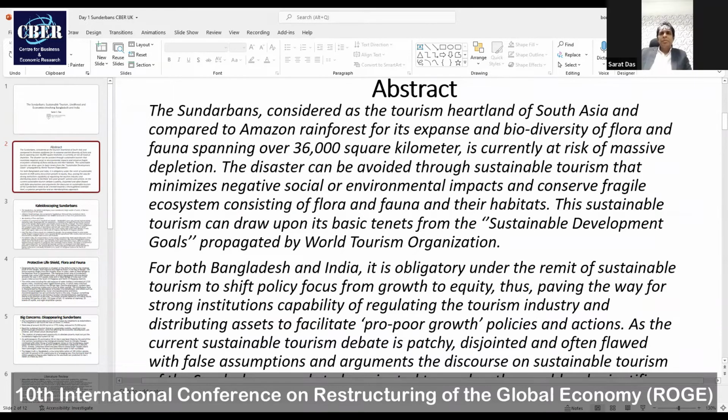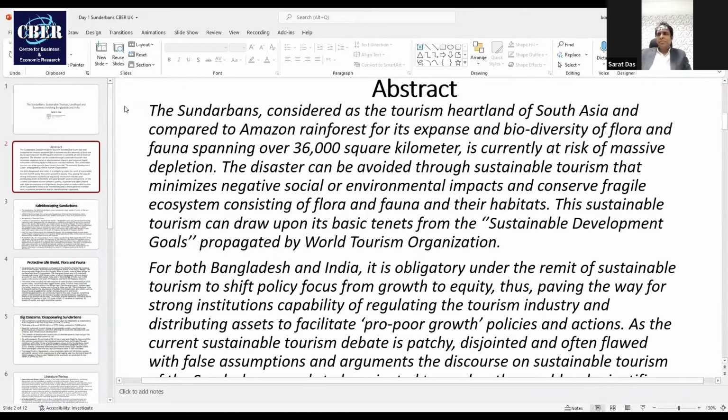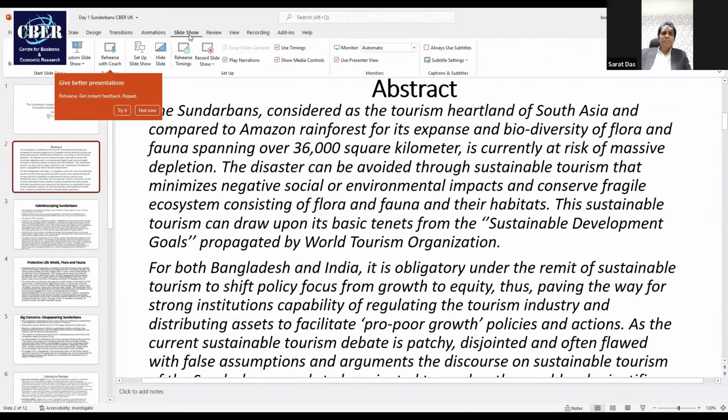But what really bothers us is a very fragile ecosystem. And these fragile ecosystems really make us think how long this Sundarban is going to survive. There are some very alarming and doomsday predictions about this Sundarban, which I will go into in the subsequent explanation.